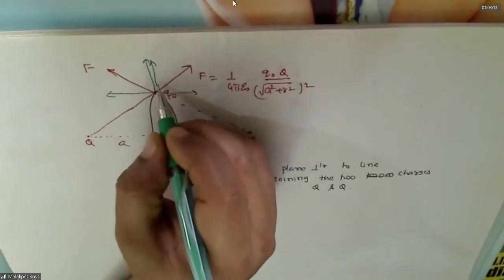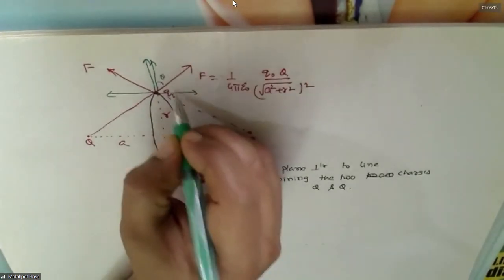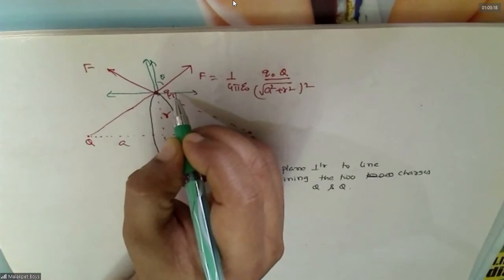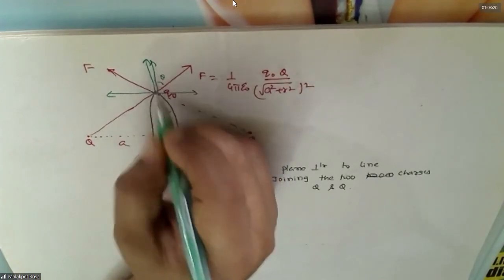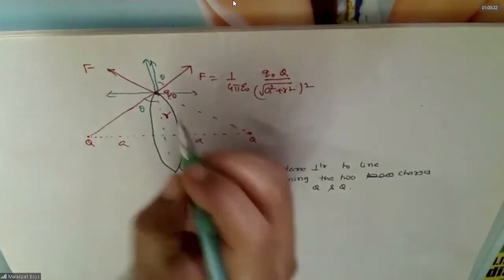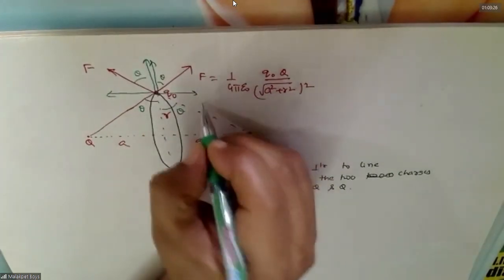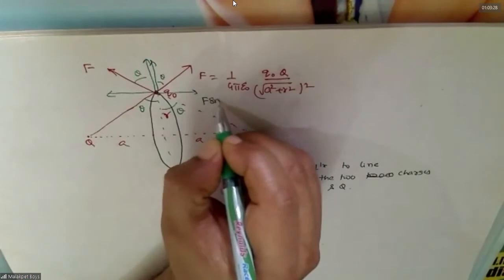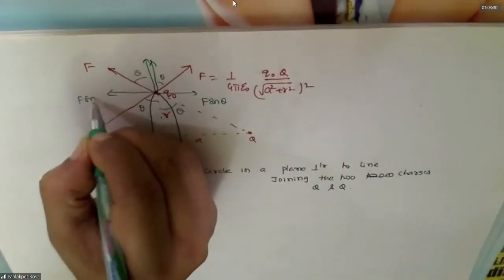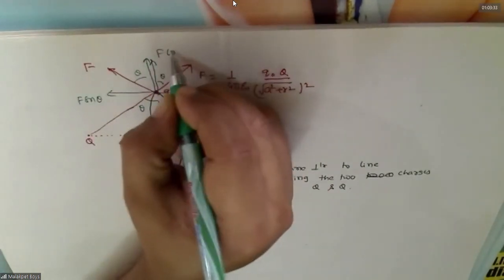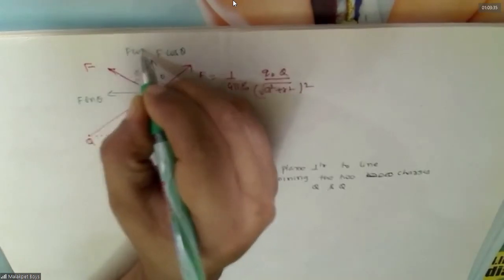See, if I take this as theta, this is 90 minus theta. This is also theta only, no? Same way, this is also theta. So this is F sine theta, and this is F cos theta.